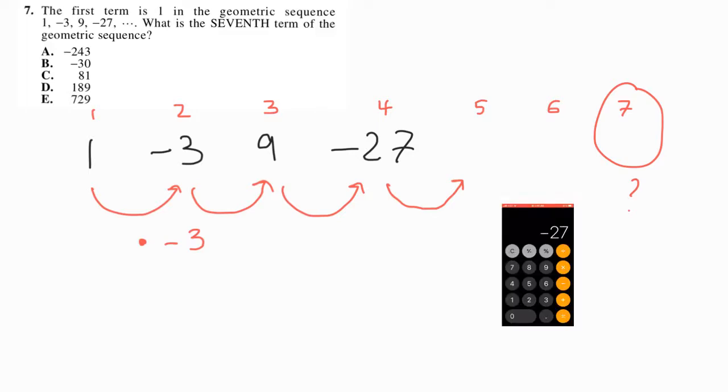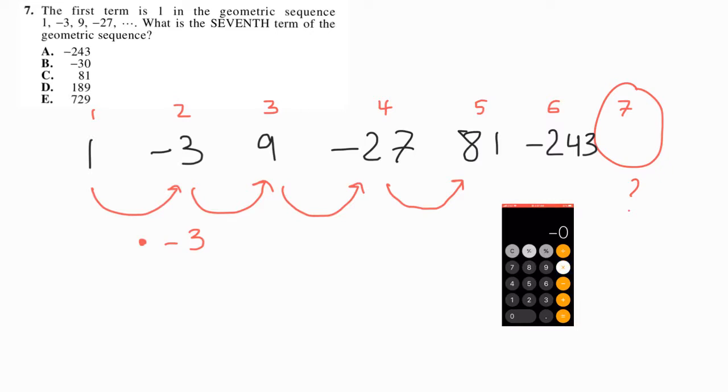-27 times -3 equals 81. 81 times -3 is -243.